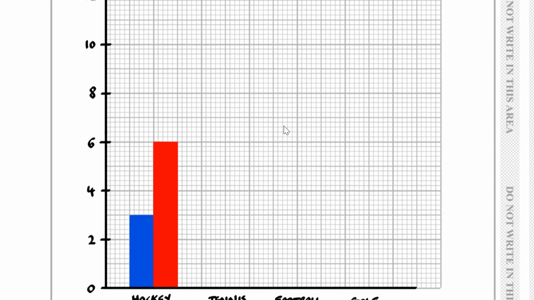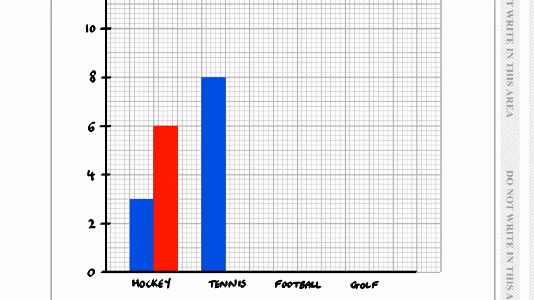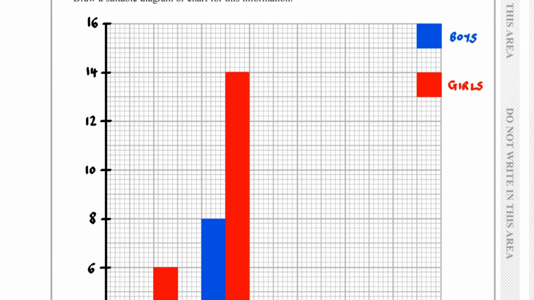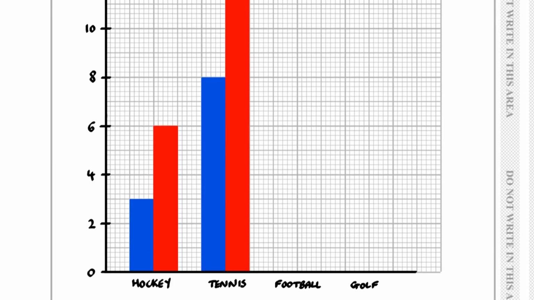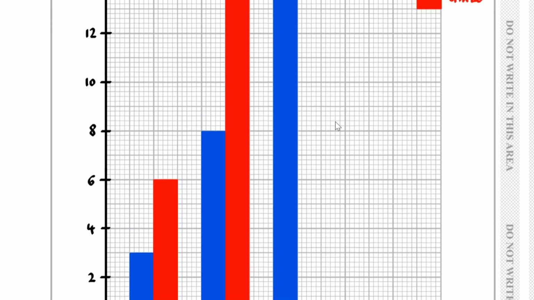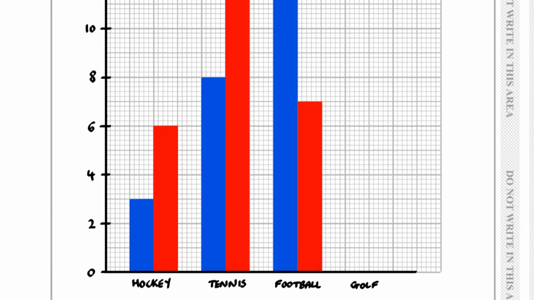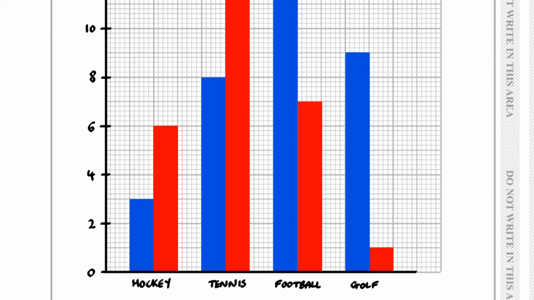For tennis, we have 8 boys and 14 girls. For football, we have 15 boys and 7 girls. And for golf, we've got 9 boys, 1 girl.